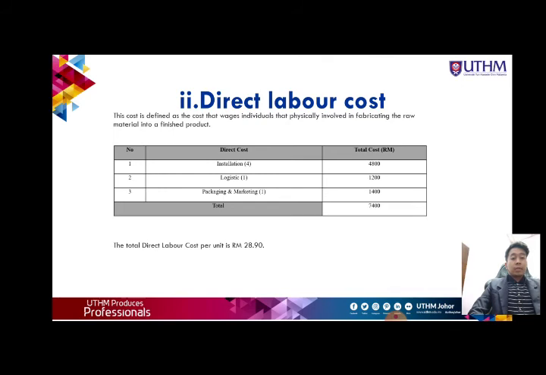And why are there 4 people working in the installation line? Because our warehouse actually operates for about 16 hours a day, which is 2 people every 8 hours. And after some calculation, total direct labor cost per unit is 28 ringgit 90 cents.